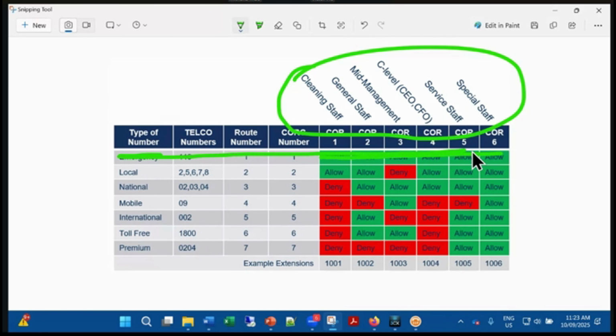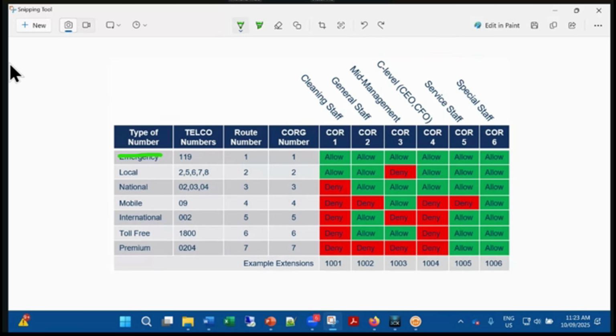So all allowed. And the customer will say, okay, maybe middle management users cannot dial local. So where does middle management cross over with local? There. This one must be denied.